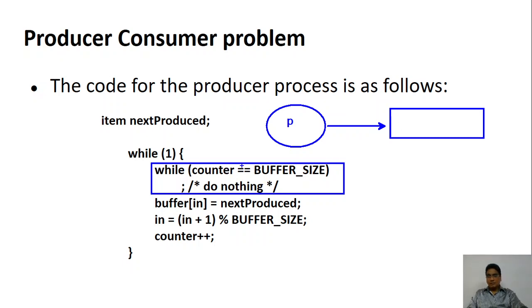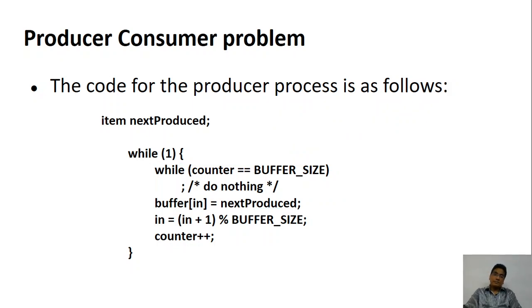If the buffer is not full, so if there is any place, the producer will produce an item and place it wherever the in pointer is pointing. Then it will increment the pointer to point to the next available location. Apart from that, the counter value is increased to reflect that the new item has been added.